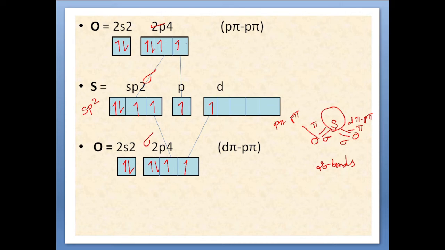And pi bonds are formed like this. See here, in sulfur dioxide, two pi bonds are there. One is p pi p pi type and another one is d pi p pi type.